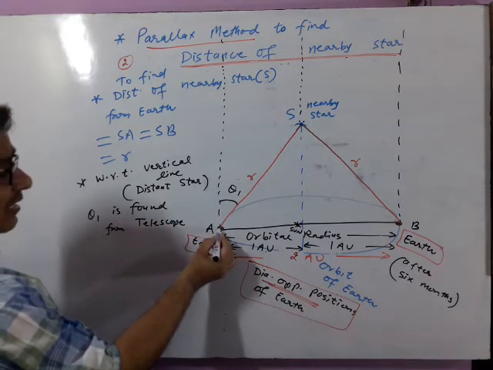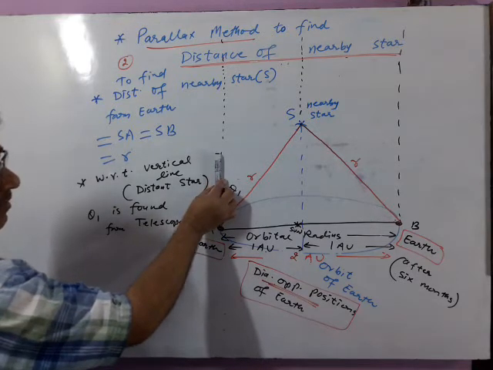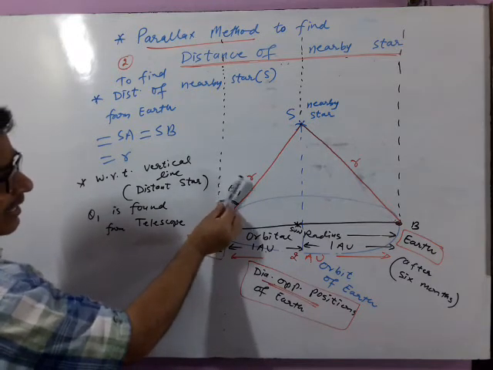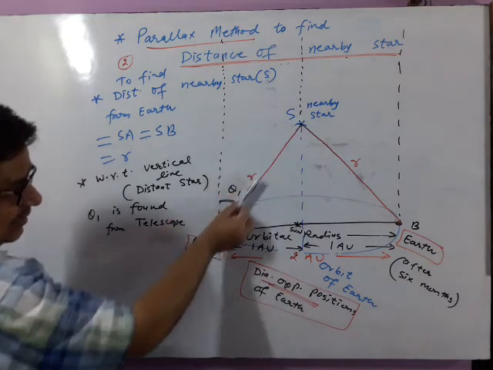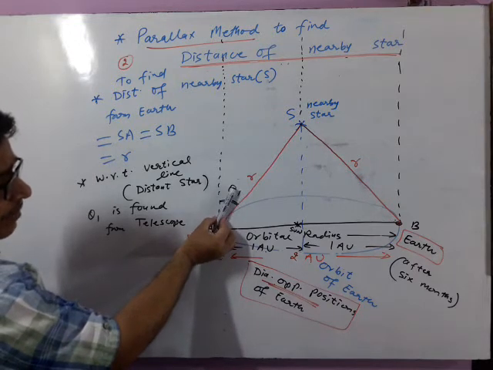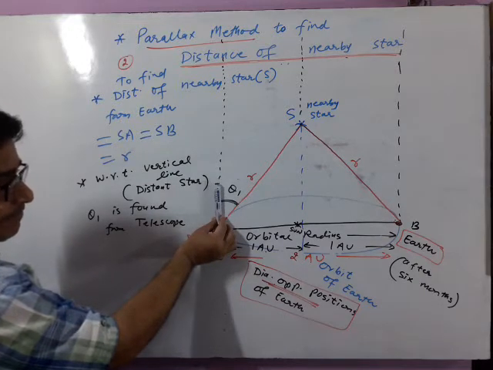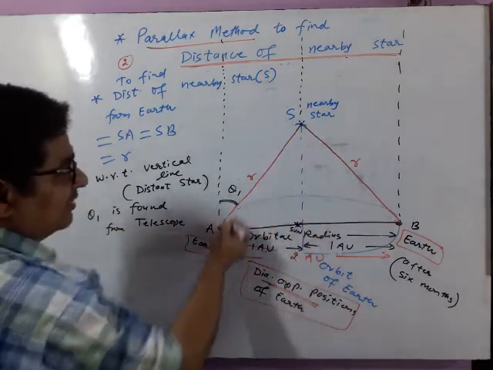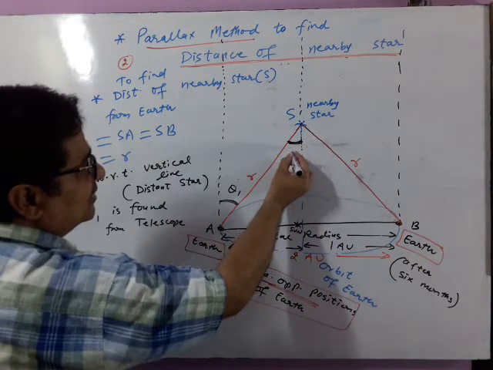At position A, when Earth is at some position A, with reference to the vertical line, we are finding this θ1, this angle made by the line of the nearby star. Actually we are finding this distance. So we are finding this θ1 made by the nearby star with reference to the vertical line with the help of a telescope. See, alternatively, if this is θ1, so this is also θ1.